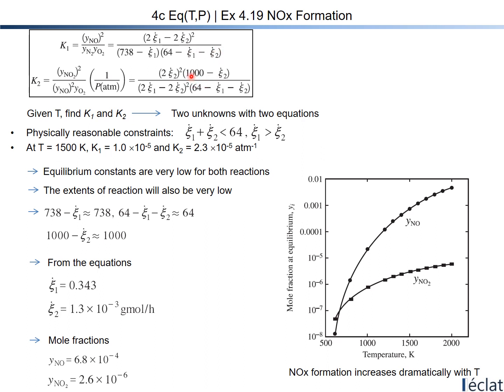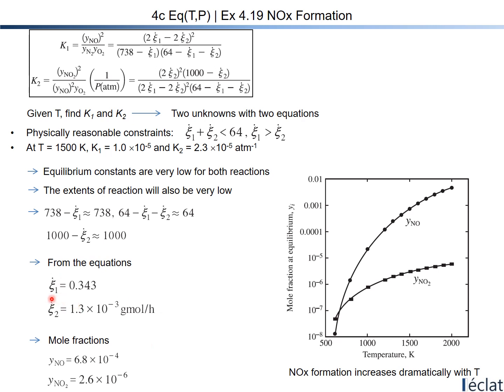Or 1000 minus Xi2 is assumed to be 1000, because Xi2 is very small compared with 1000. Then we can simplify those equations with the values of K1 and K2 at a temperature of 1500 Kelvin, and solve the problem.